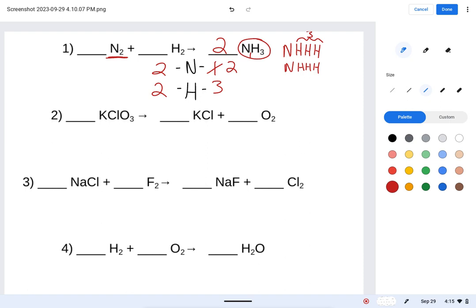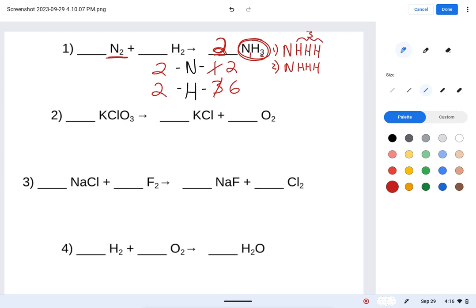And so there's 1 NHHH, there's 2 NHHH. So instead of writing all that, we write just this coefficient 2, with the molecule being here. So NH3, that's going to be 2 times 3, which is 6. And it's not balanced. The nitrogens are balanced really nicely, but the hydrogens are not.